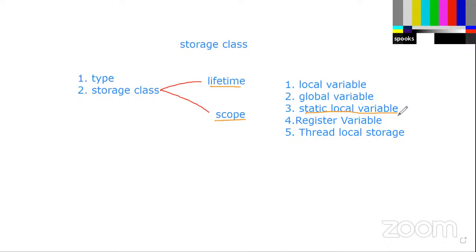So the main difference is that the value of the static variable persists until the end of the program. As long as it's called, it will continue until the end of the program. I hope you caught the definition on that one.